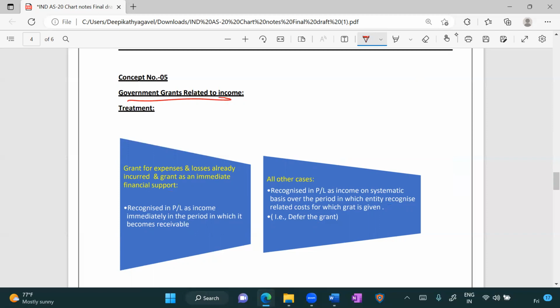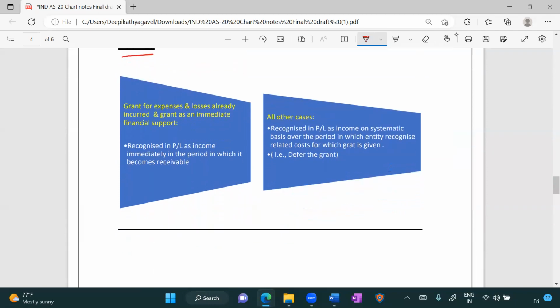Now, in case government grants related to income are received, for expenses and losses already incurred, or as immediate financial support, you will recognize it in P&L as income immediately in the period in which it becomes receivable.